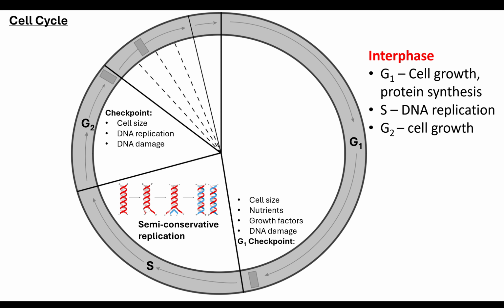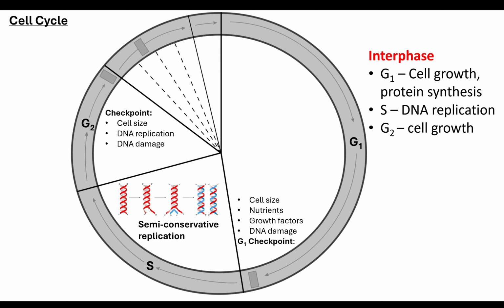Or is there any damage to the DNA? And if these points haven't been checked off, then the cell cannot move through to the next stage. So G1, S, and G2 are all under the bracket of naming it as interphase. So interphase is the longest time in which a cell will spend its life.